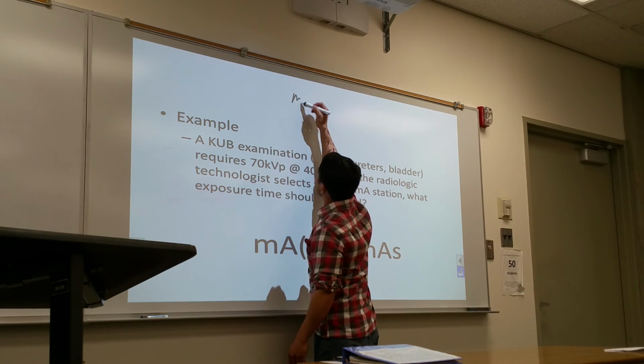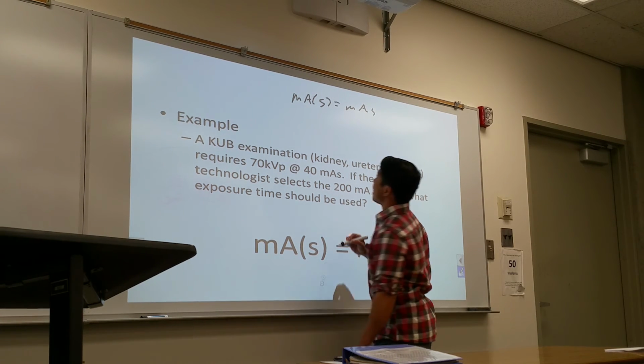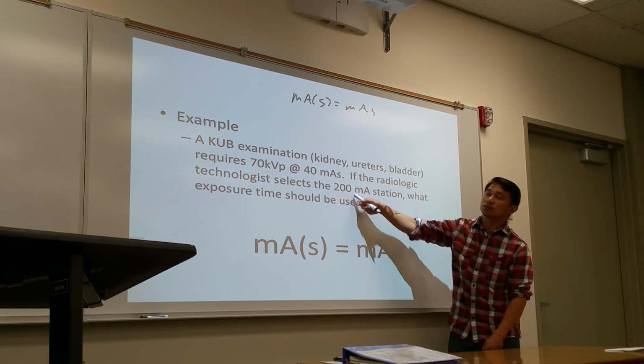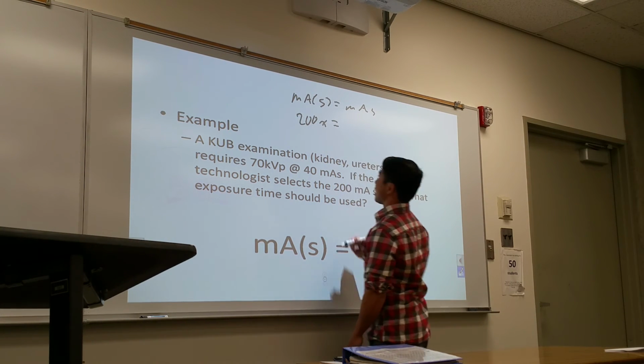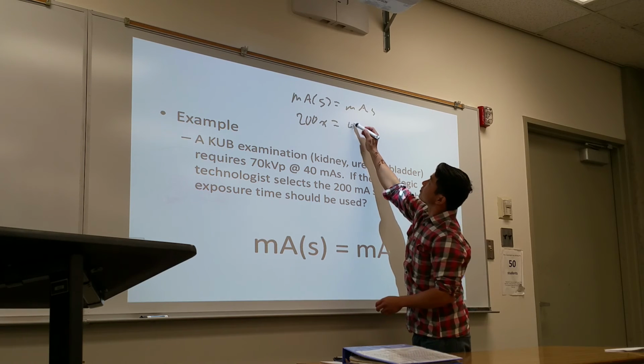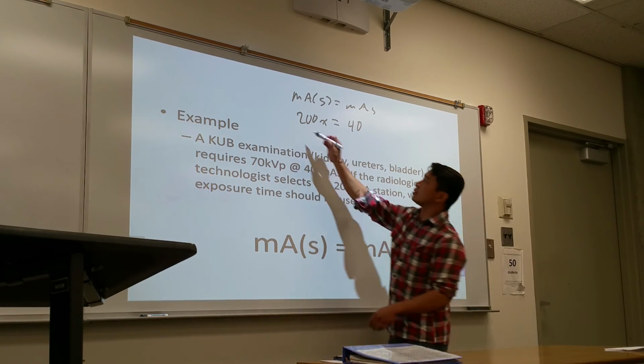So, mA times seconds equals mAs. We know that our mA selection is 200, time is unknown, and mAs is 40, right? Cross multiply.